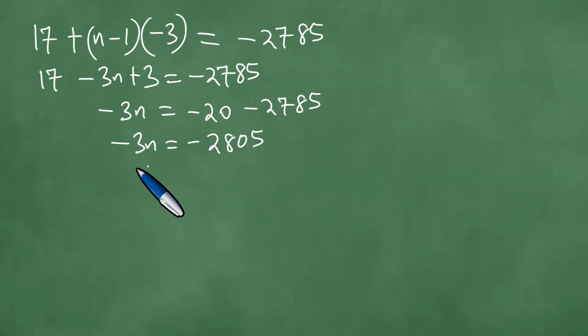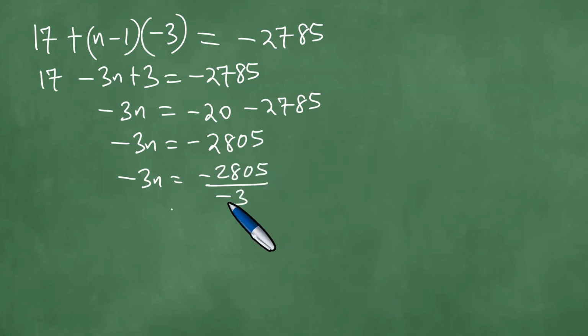And then divide by minus 3. You divide 2805 by minus 3, giving us 935. Well done. It is exactly 935.